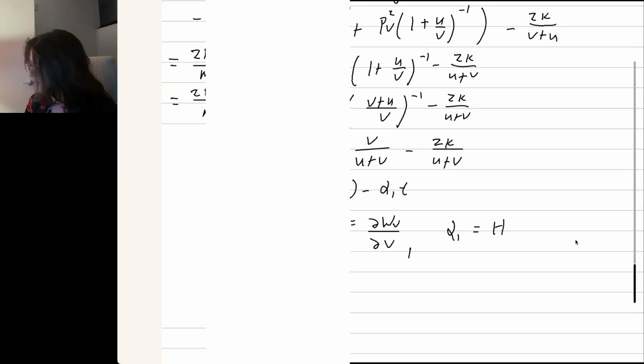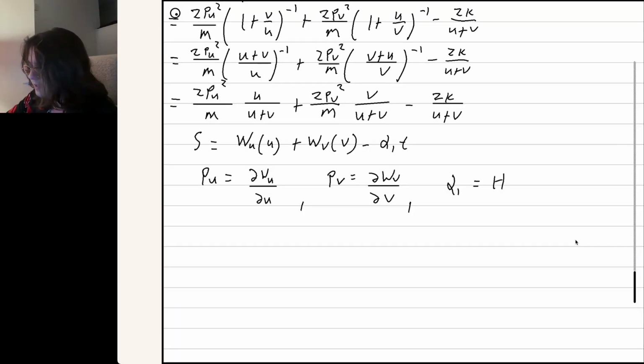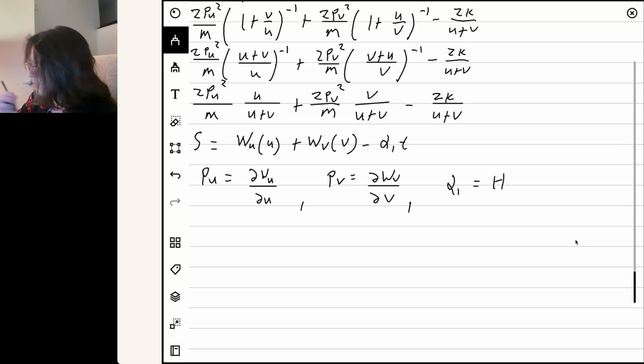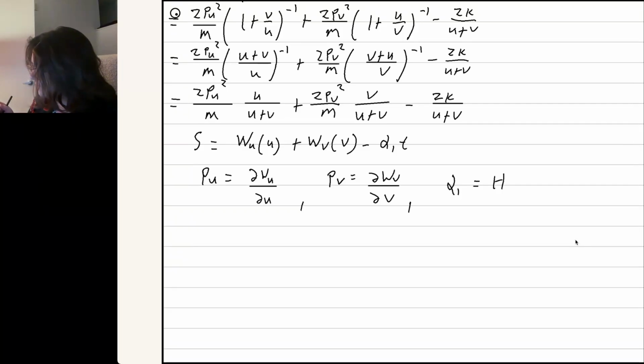And then when we put this in the Hamilton-Jacobi equation, all we're doing is basically rewriting the Hamiltonian, but in terms of these momentum transformations and setting alpha 1 on the other side.